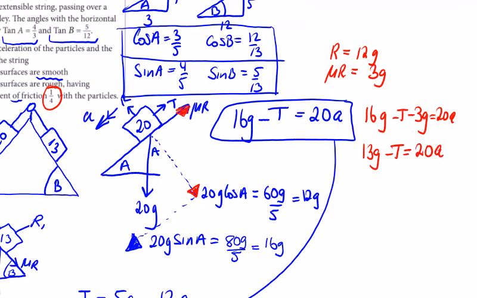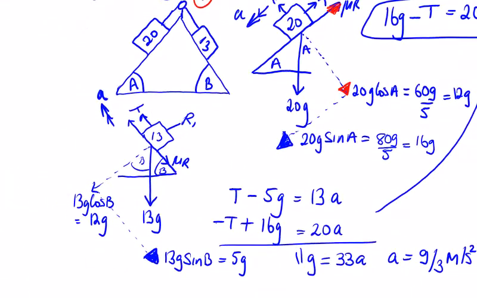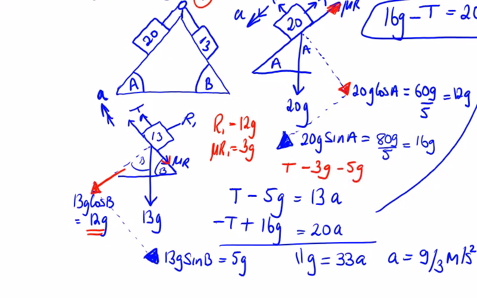So there's less pulling force. And then down here, for my 13G, mu R is in the opposite direction to T. I have R1 is equal to, what's going down here, 12G. So mu R1 is equal to 3G also. So this equation is going to become T minus the new mu R, 3G, minus the 5G we were taking away before, is equal to ma, which is 13a.